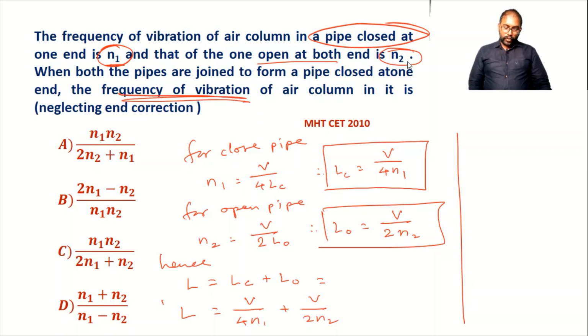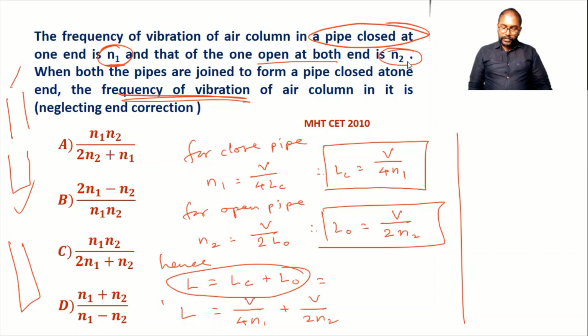Now when we join these two pipes, we get a pipe closed at one end. So listen, if this is the first pipe and this is the second pipe, so this is a closed pipe and this is an open pipe. When we join these two, we get this type of pipe.